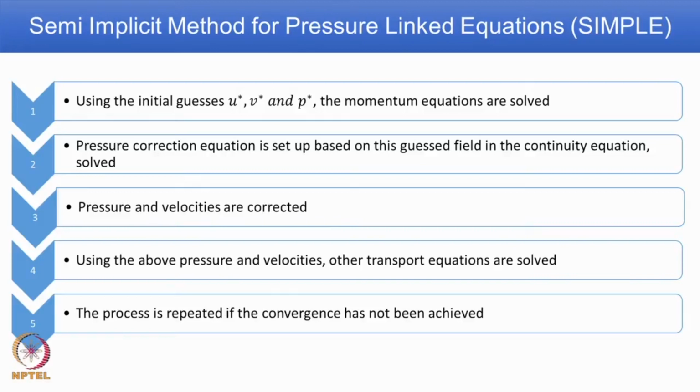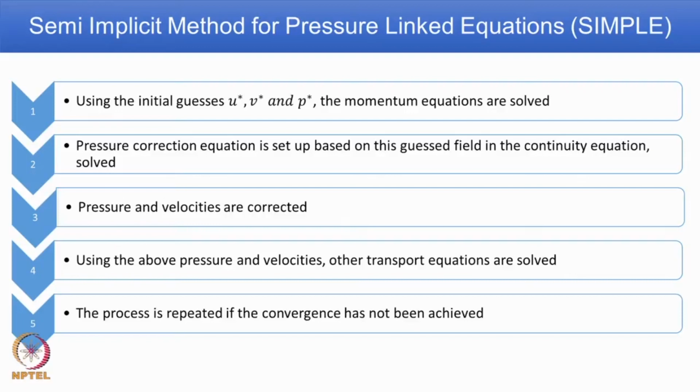We will have a relook at the SIMPLE procedure using the initial guesses for velocity u star, v star and pressure p star. Momentum equations are solved. Pressure correction equation is set up based on this guessed field in the continuity equation.